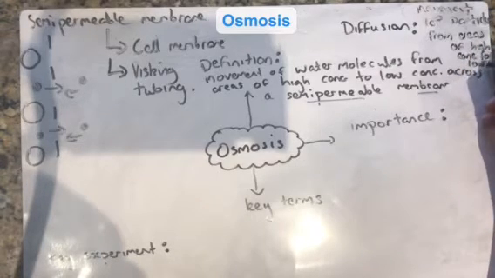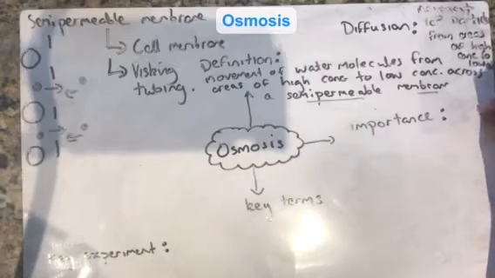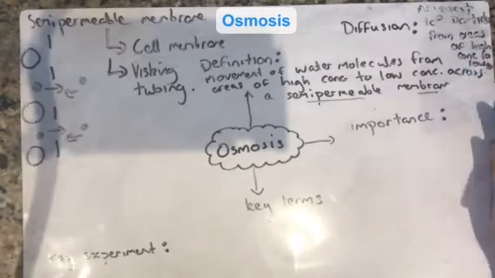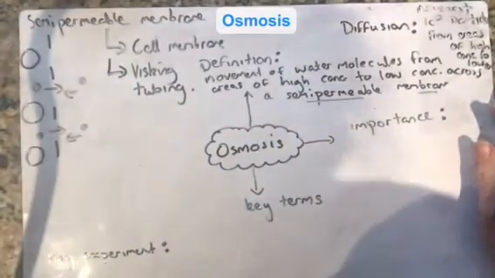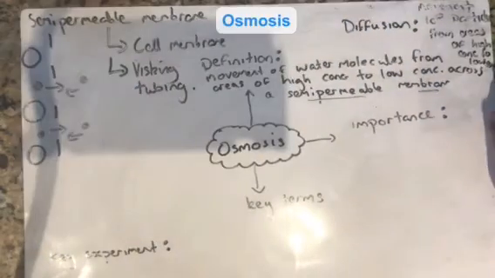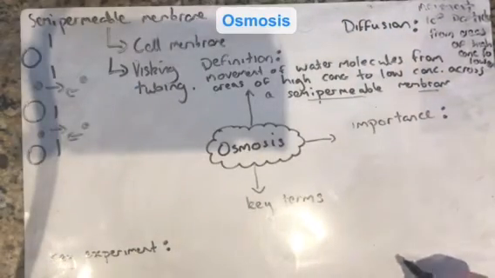Sorry, that's a bit squished there, I know. Okay, so movement of particles from areas of high concentration to areas of low concentration. So apologies, it's not the best there, okay?